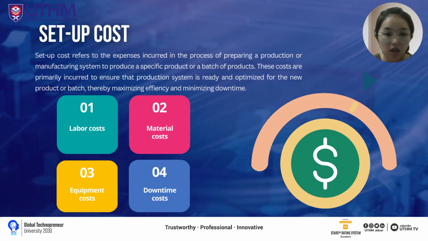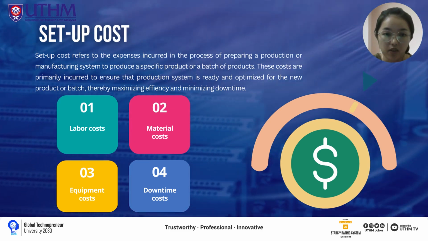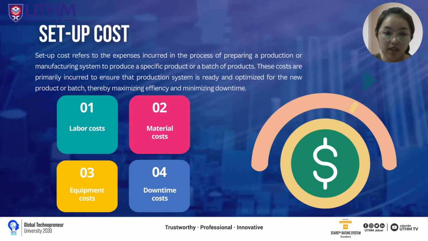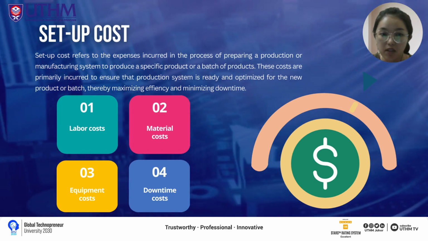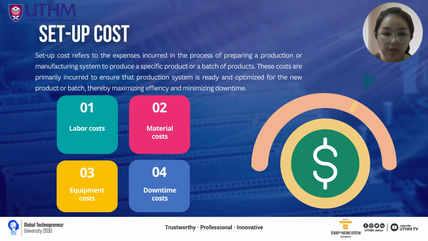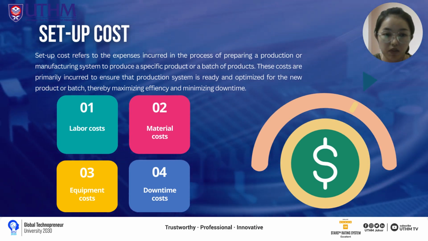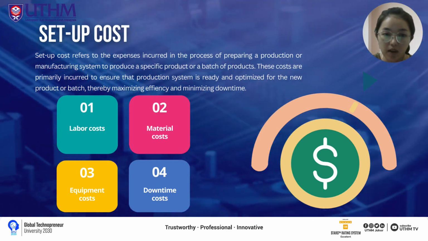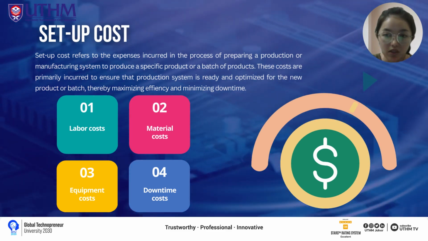First is the labor cost, which is the expenses related to the wages and salaries of the workers involved in the setup process, such as machine operators, technicians, or maintenance personnel. The second one is the material cost, which includes the expenses for the materials needed for the setup, such as raw materials, components, lubricants, and cleaning agents.